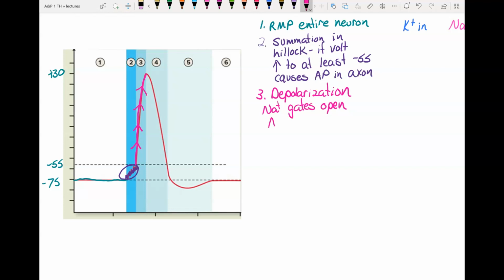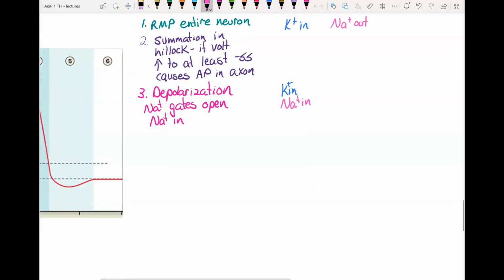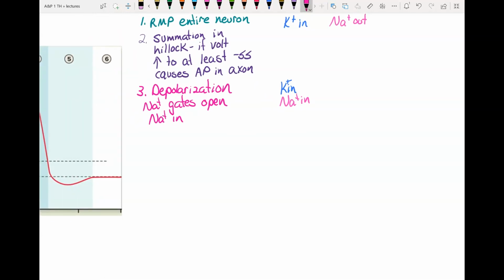And when they do, sodium comes in. Now you have potassium in, and you also have sodium in. So because both of your positive ions are inside, this raises the voltage to positive 30.